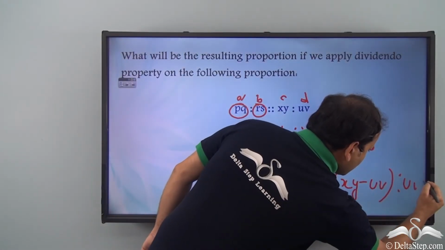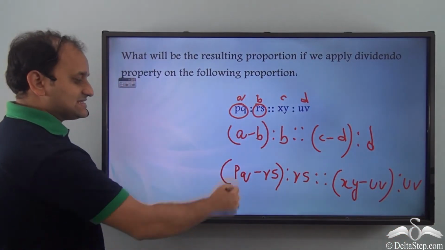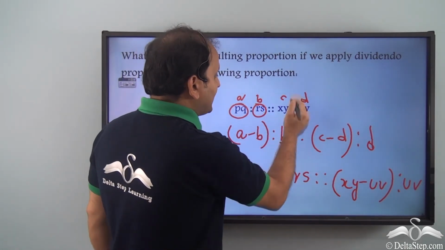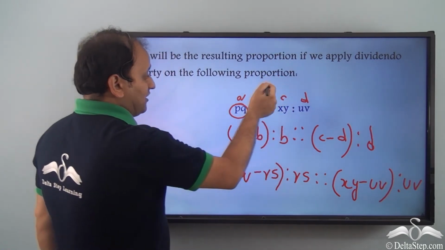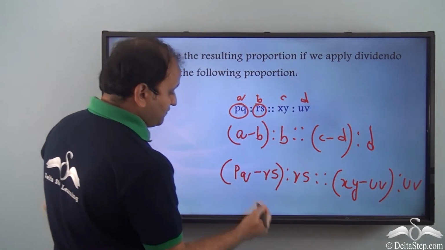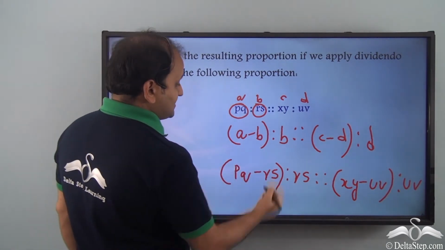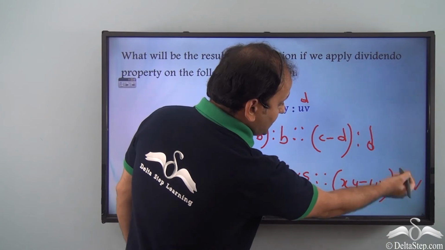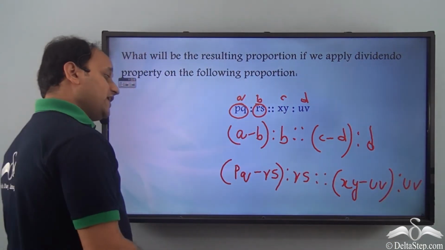So this is the final answer. PQ is to RS is proportional to XY is to UV. When we apply the dividendo property, what do we get? PQ minus RS is to RS is proportional to XY minus UV is to UV.